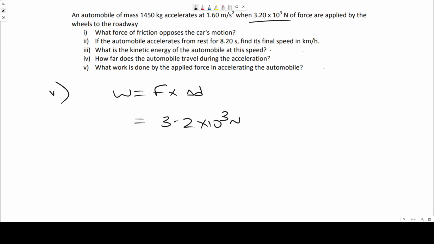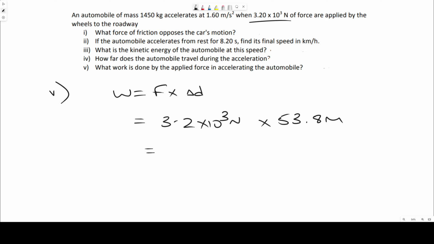Remember, this is the force applied, because the question says work done by the applied force, not by net force, not by friction, not by anything else. And we know the distance which we just calculated was 53.8 meters.